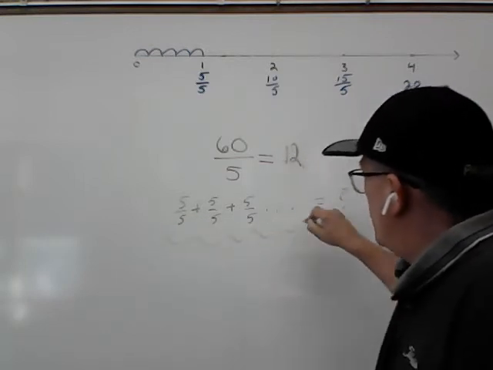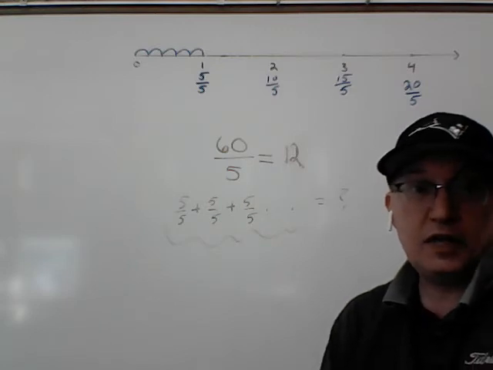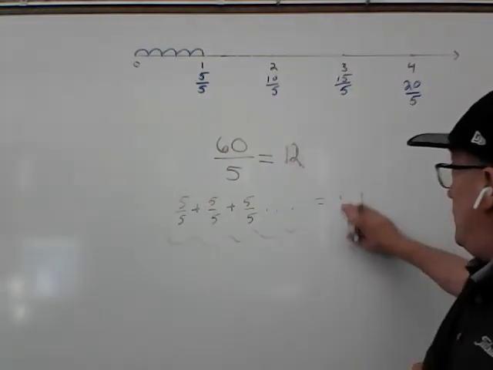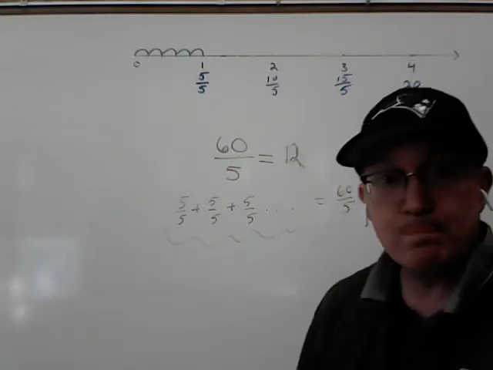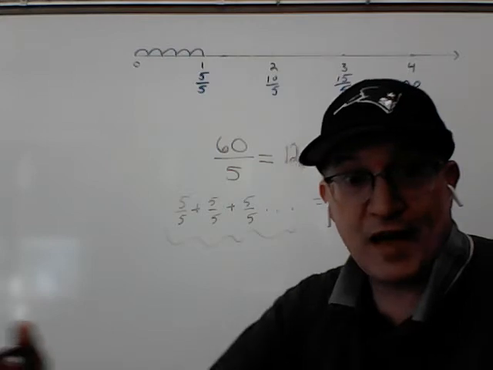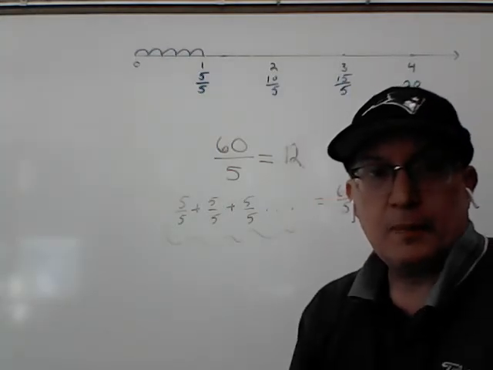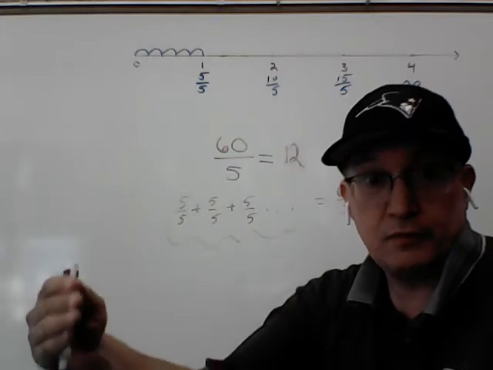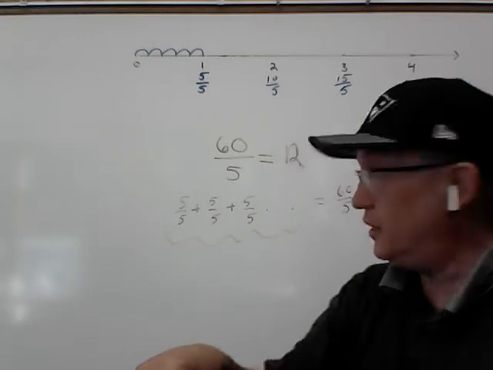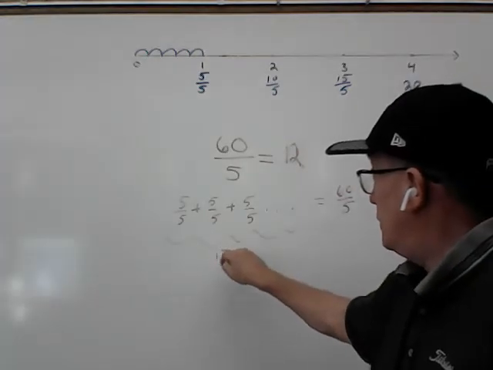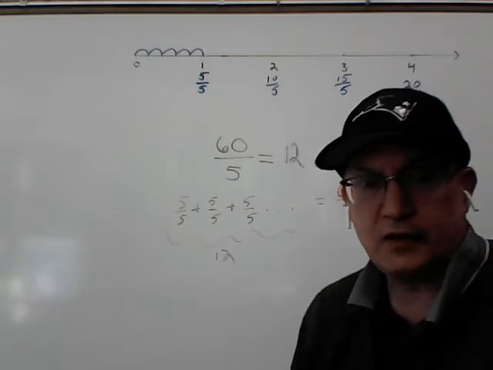How many of those 5 fifths would we need to add together to get to 60 fifths? Right? 60 fifths over here. How many 5s are in 60? Counting by 5s. How many 5s do you have to count to get to 60? Well, 12 times 5 is 60. So this would be 12 5 fifths being added together to get to 60 fifths.